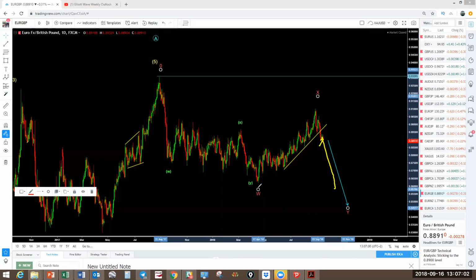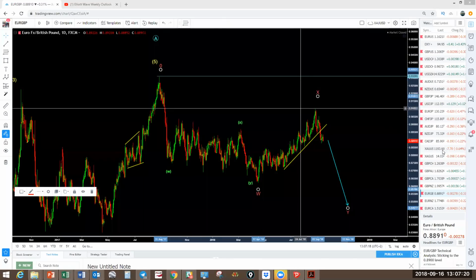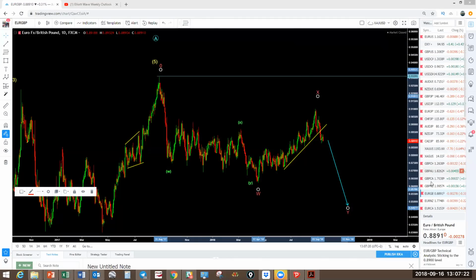You'll be taking it minimum to this level. Okay, I know I've shown it here, but you need to take a modest target to this level. It's about 400 pips to this level. About 400 pips, quite decent. All right, so that's euro pound.